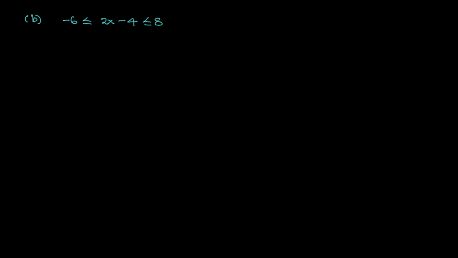Quite simple, as I've just mentioned earlier on, and according to my preference, I'm going to use the second approach, where we make them into 2 separate simple inequalities. So the first one will be negative 6 is less than or equal to 2x minus 4.